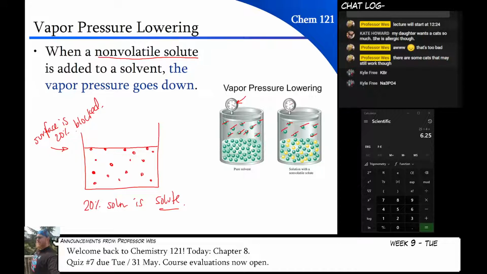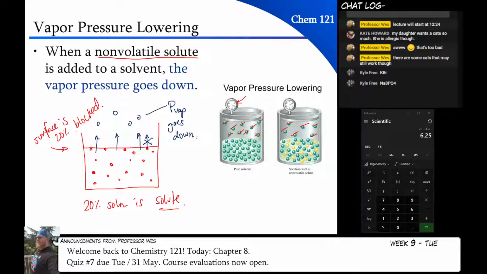Well, if the surface is covered 20% by my solute, then where I have my solvent, which is water in this case, if water wants to evaporate, it can only do so where it has access to the surface, right? It cannot do that where there are solute particles because they're physically obstructed. And the end result is that fewer molecules make it to the vapor phase because the surface is covered partially by solute.